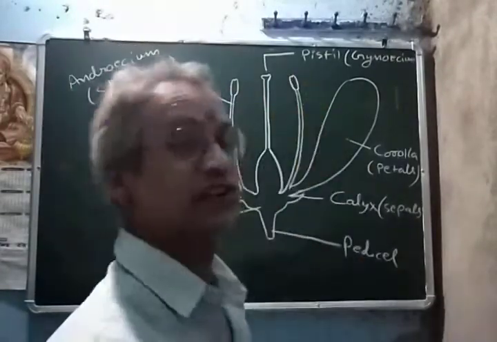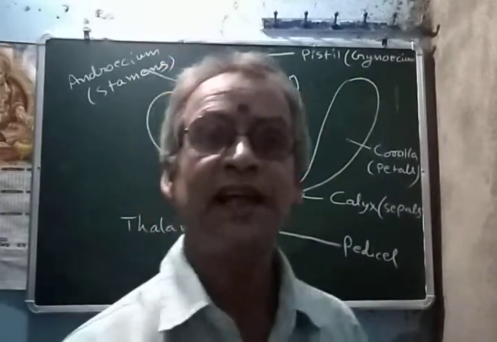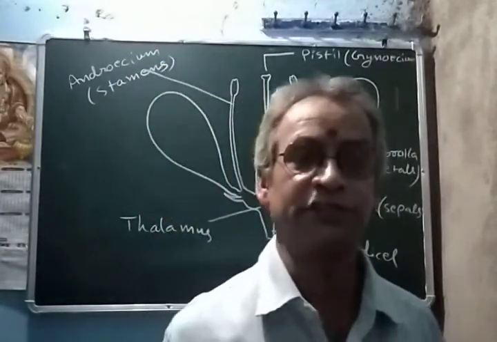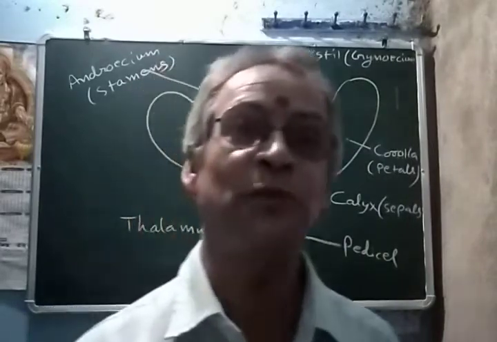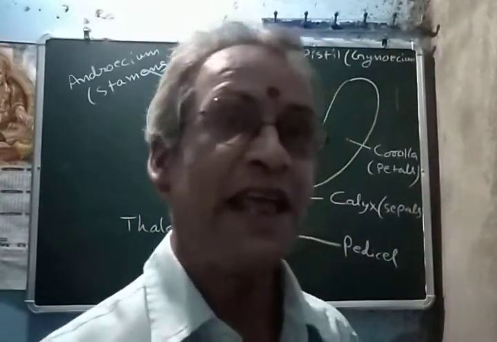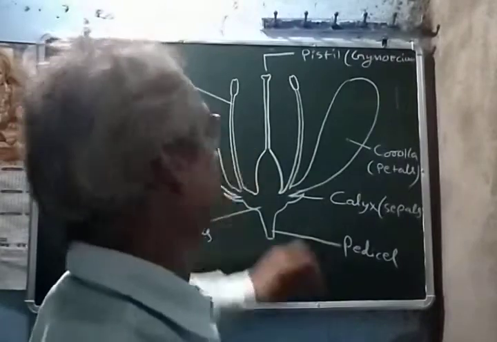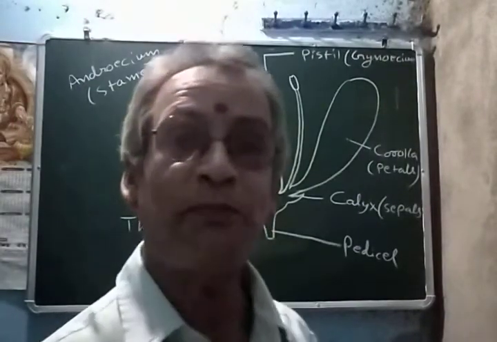Androecium and pistil are reproductive parts or sexual parts. Androecium is the male reproductive part.